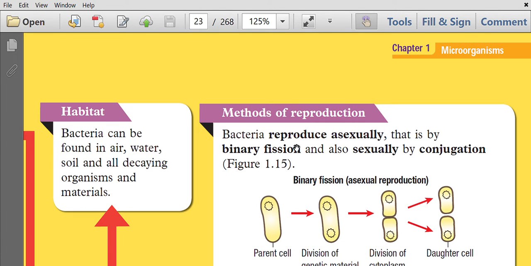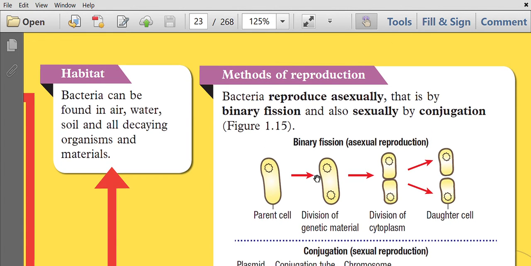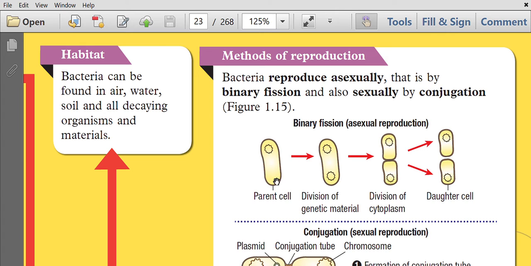Okay, let's look into the method of reproduction. Bacteria reproduce asexually, that is by binary fission, and also sexually by conjugation. So this is binary fission, whereby it breaks into two, division of cytoplasm. It splits into two and you get two daughter cells in this diagram.